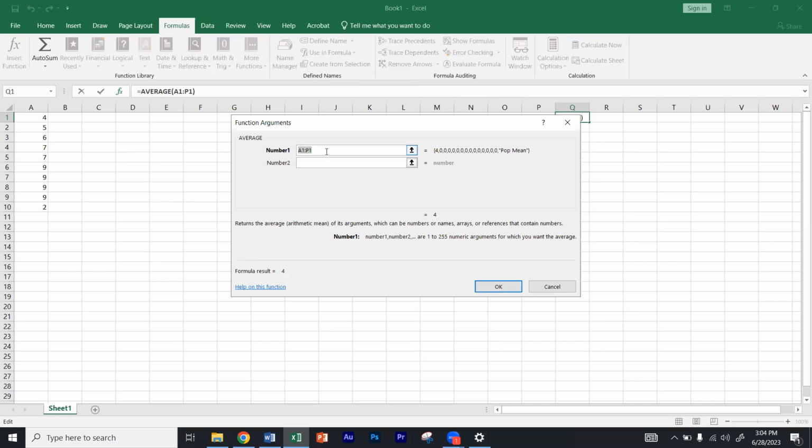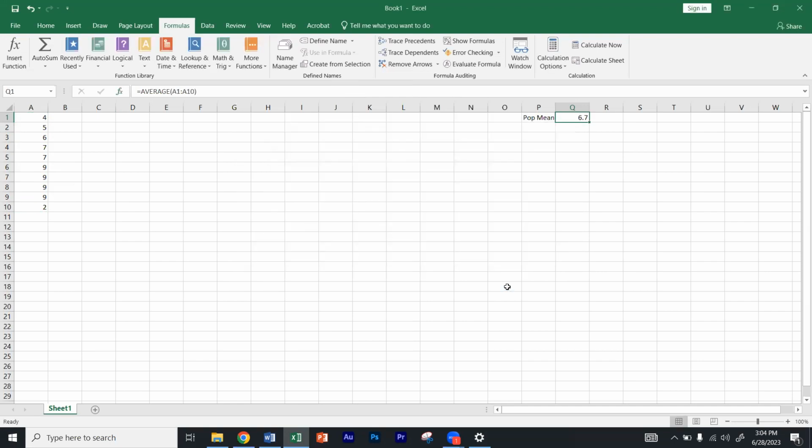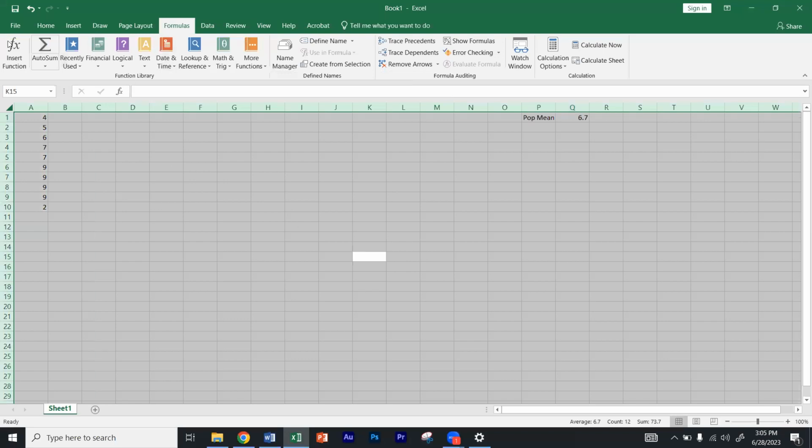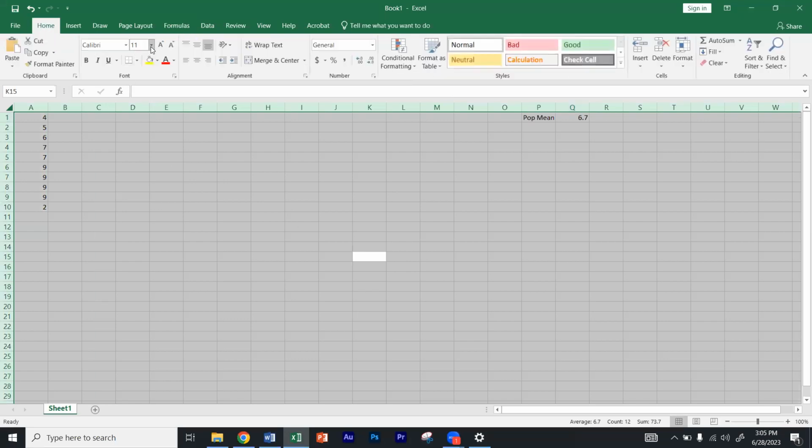A1 through this. Now, let me make it a little bigger. So you have to bear with me today a little bit. This computer is new to me.